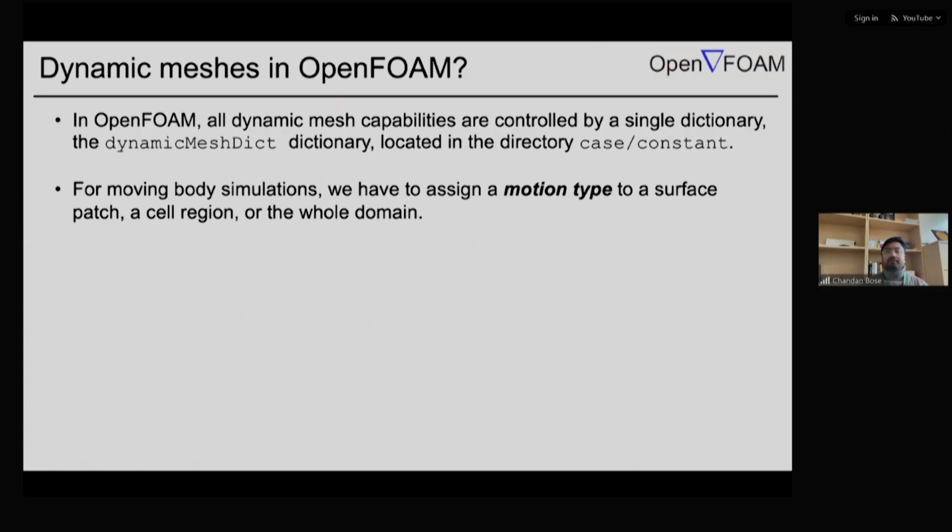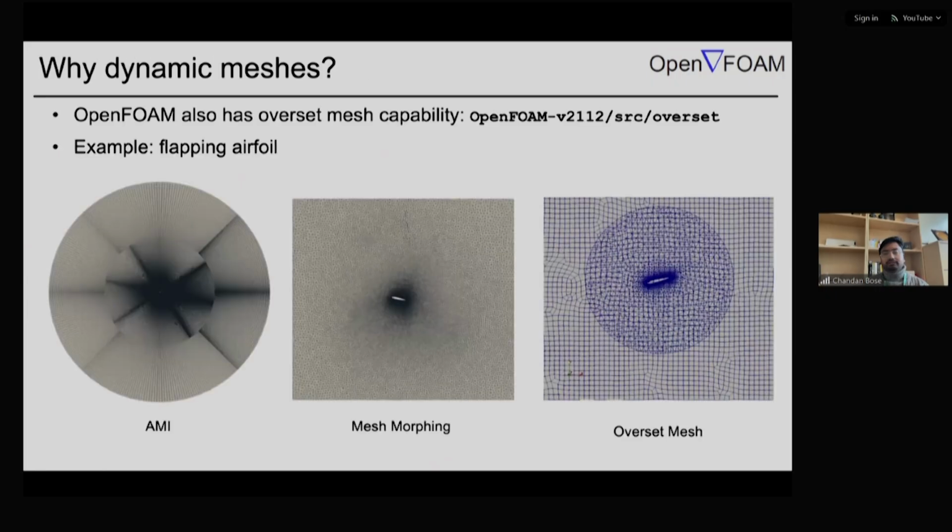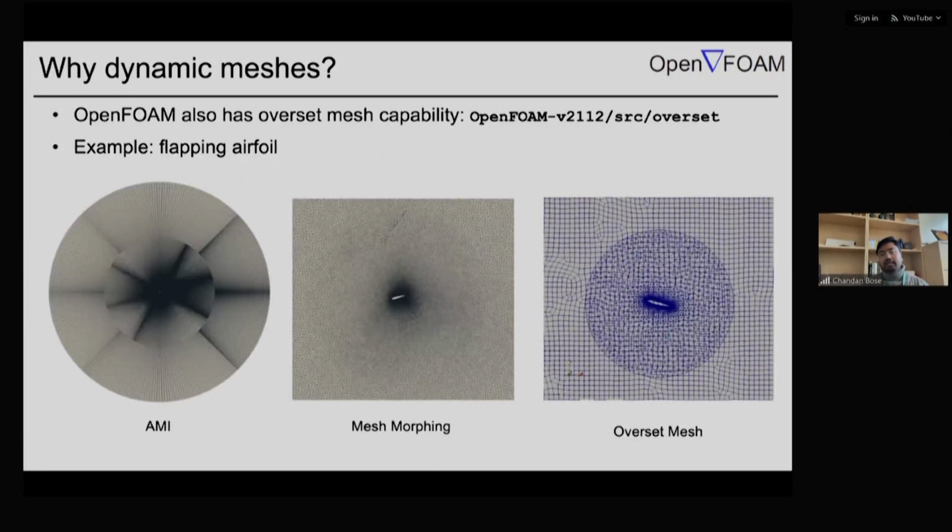Now, for example, going back to the animation, just to make it clear to you, in the first problem, which is the arbitrary mesh interface problem, we assign this motion to a whole cell region, right? Because we are rotating the whole cell region, the inner part of the motion.